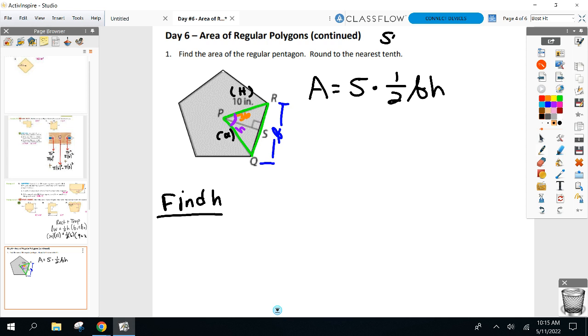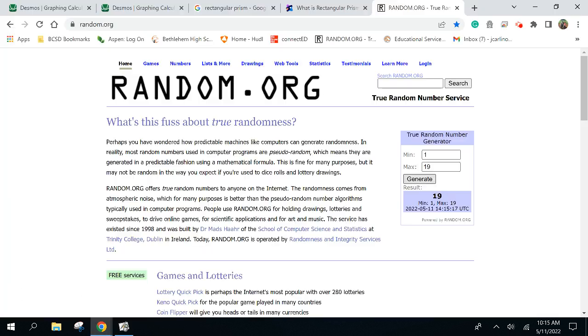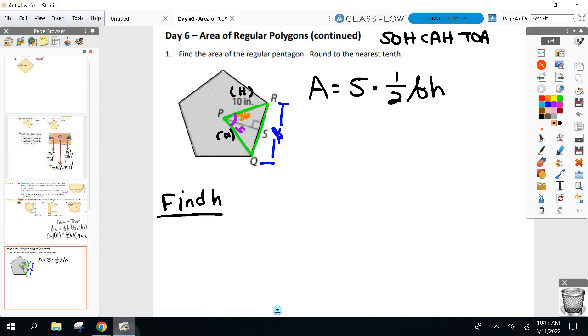All right, so if we remember SOHCAHTOA, which one of the 3 can I use if you have the adjacent and the hypotenuse side? The adjacent and the hypotenuse side. Cosine. All right, so let's write the abbreviation, COS.